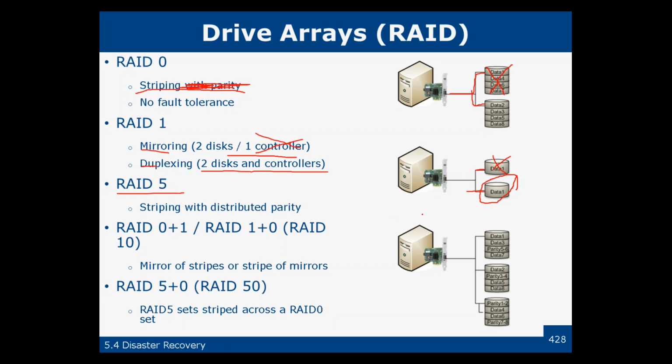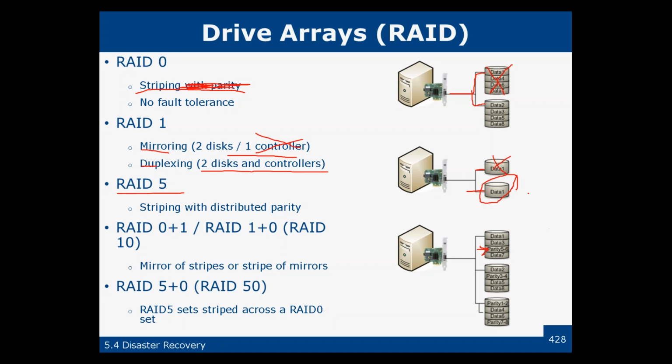RAID 5 is striping with parity, and what the parity bit does is it allows you to recreate the data. It's not a copy of the data, but it allows recreation of the data. This says striping with distributed parity, which means that the parity for the first disk is going to maybe be on the second disk, the second one's on the third, and the third one's on data 1. There are a number of different ways to store the parity stripes, but in RAID 5, that's pretty typical.